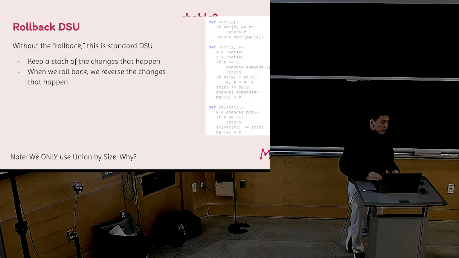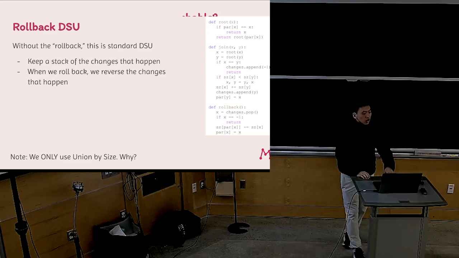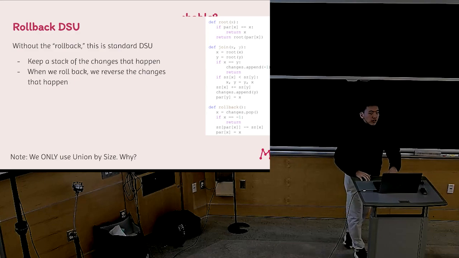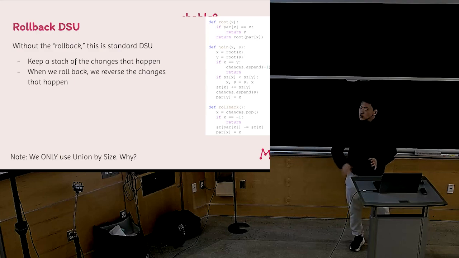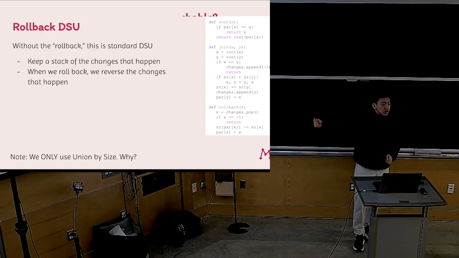Any other questions? For rollback, if you only allow one undo, then could you implement the optimization with root? Because wouldn't that not affect? Well, the big problem with path compression is that you now not only change things when you do a join, you also change things when you do a root function.